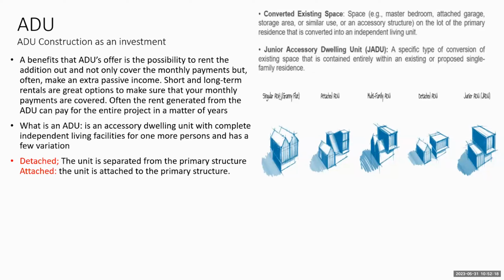The detached unit is separate from the primary structure. The attached unit is attached to the primary structure. So convert existing spaces, such as a bedroom attached to a garage, storage, and other accessory structures.